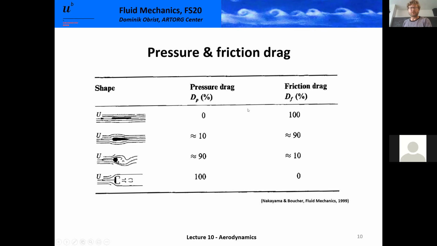The bottom example, where the plate, instead of parallel to the flow, is now perpendicular to the flow, is the exact opposite. Friction drag has 0 contribution to the total drag. Well, you might wonder if there's no boundary layer here at the upstream side of the plate.